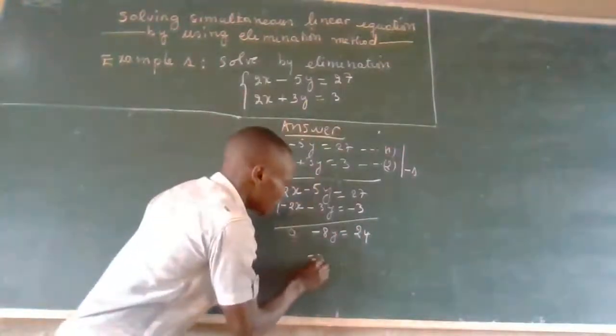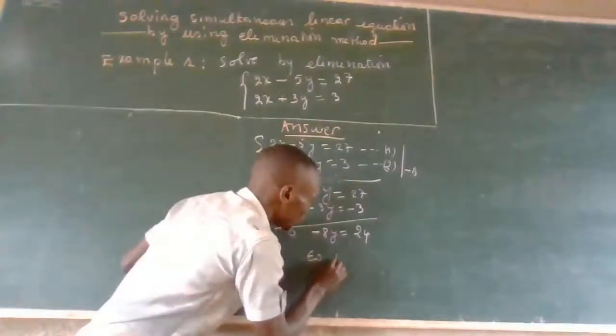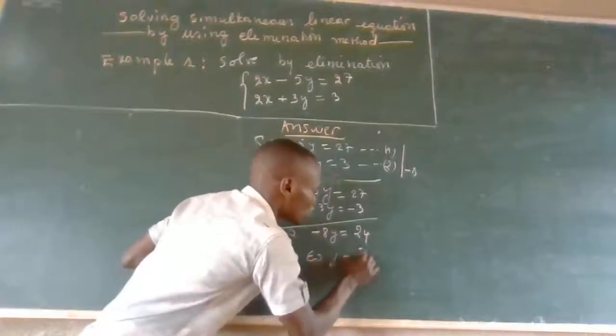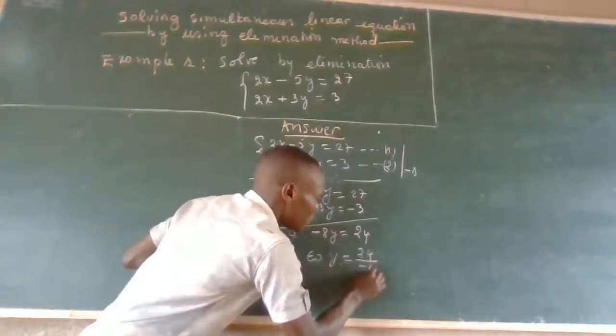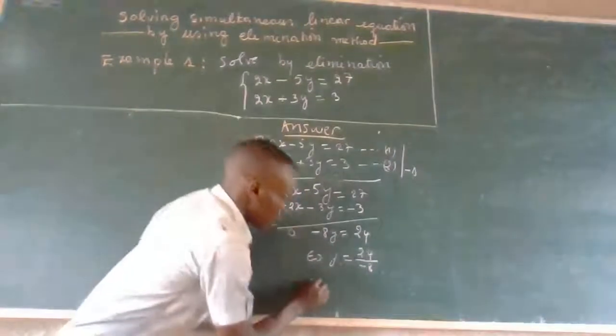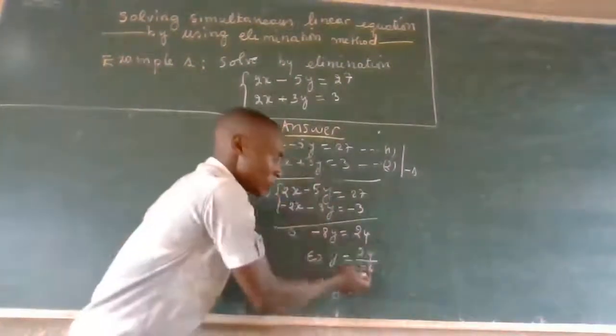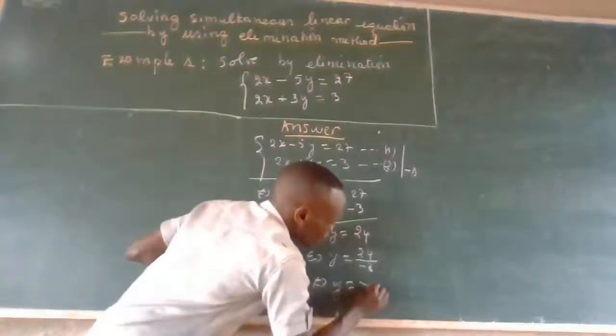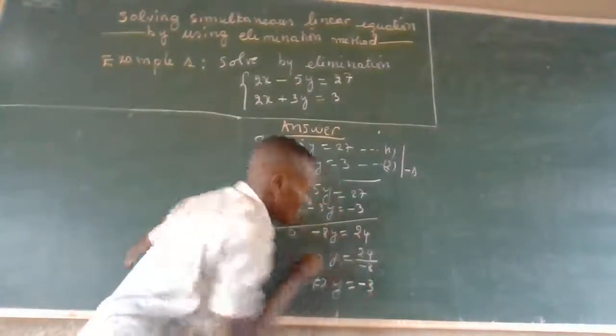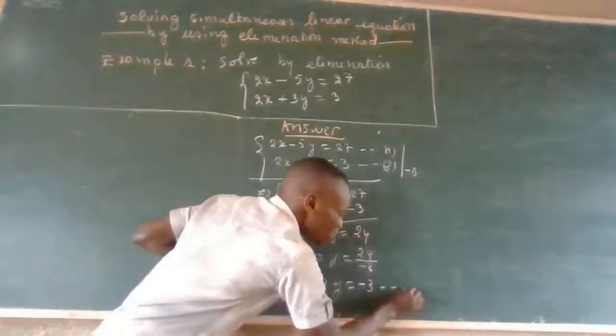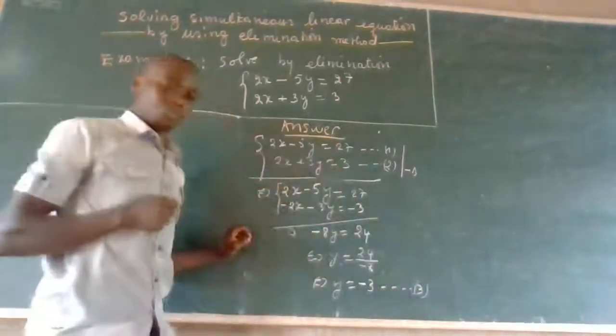This is equivalent to y equals 24 divided by minus 8, which equals minus 3. Let me call this equation number 3.